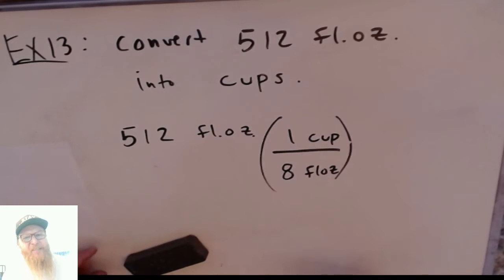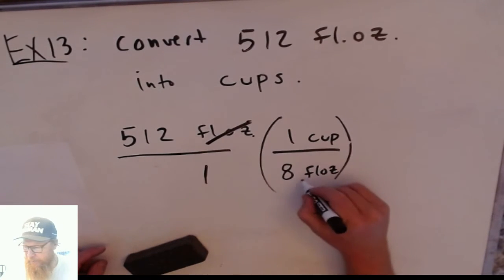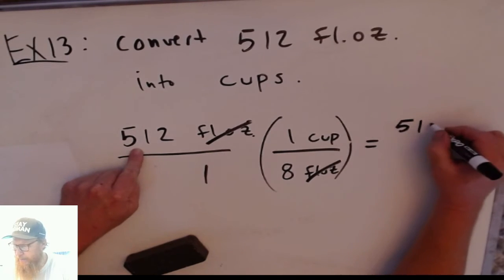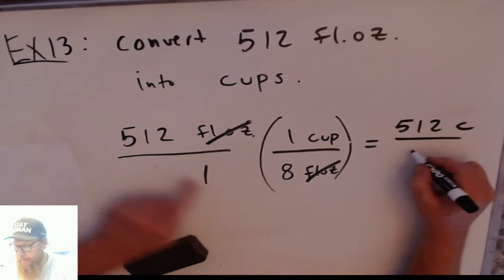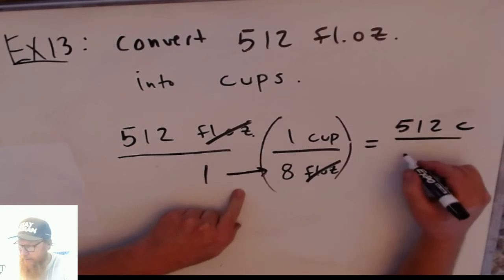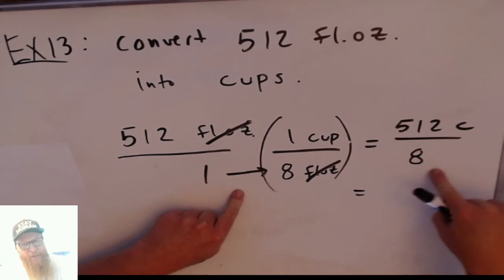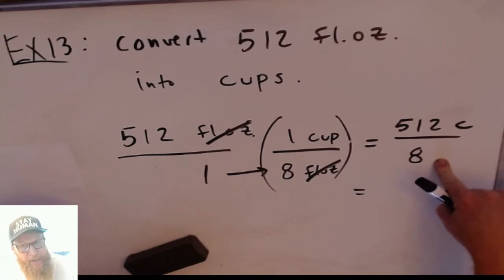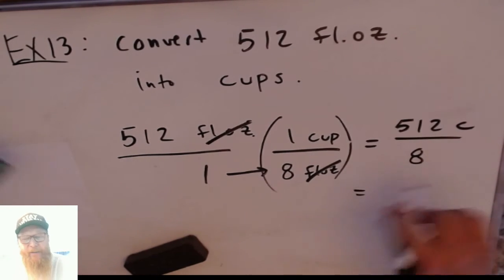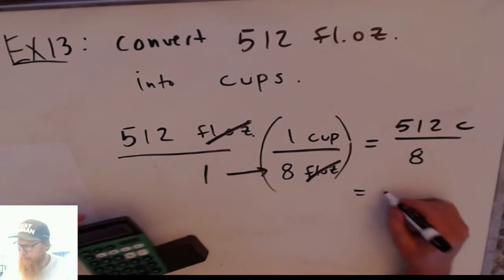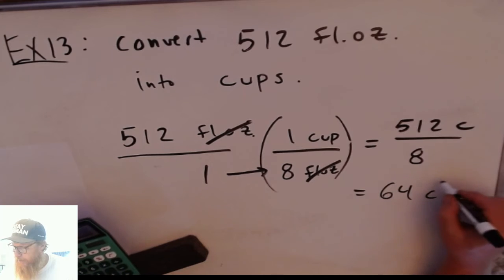Or you can just put C for cup. Cancel the fluid ounces. Multiply straight across. Multiply straight across. And then, if necessary, divide. This is the step where you know, is it necessary? If that's not 1, then you need to divide. 512 divided by 8 is 64 cups.